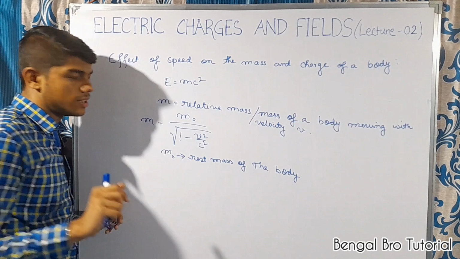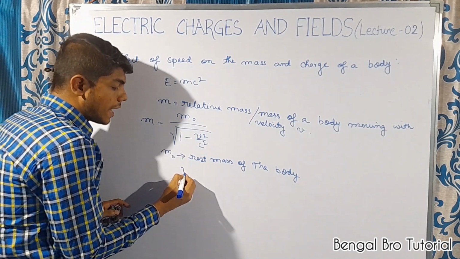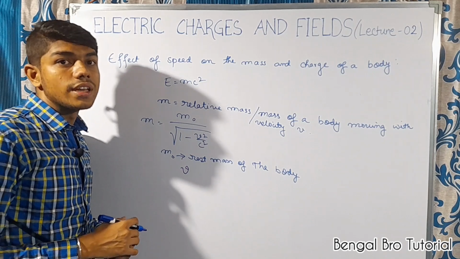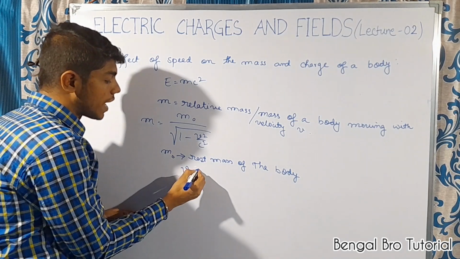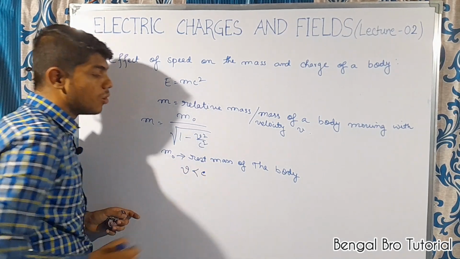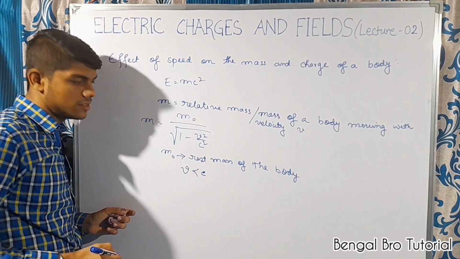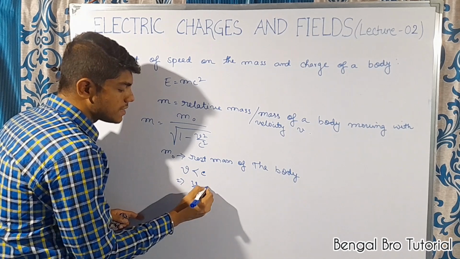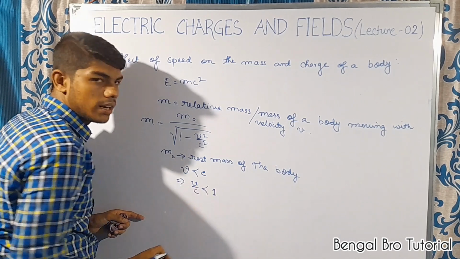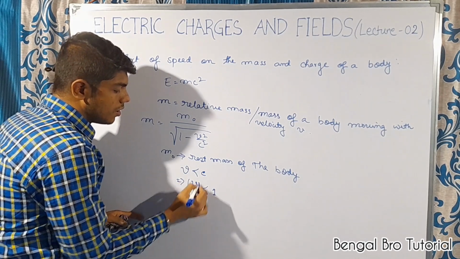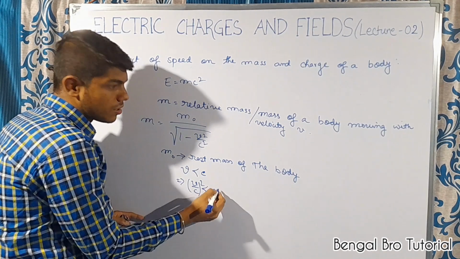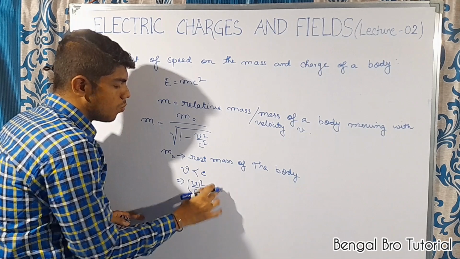Now see one thing, the speed of any body cannot exceed the speed of light. So v will always be less than c. So from this we can say v by c will always be less than 1 and v by c whole square will also be less than 1 because 1 square is equal to 1.